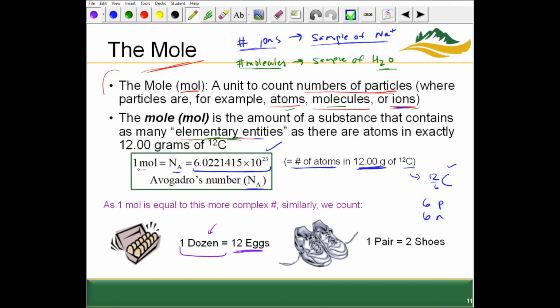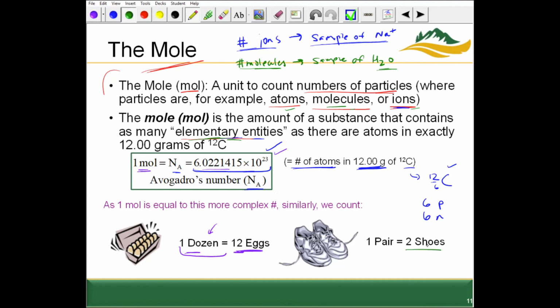So 1 mole is just a way to describe 6.022 times 10 to the 23rd elementary entities in some sample, or 6.022 times 10 to the 23rd ions or atoms or molecules in some sample. Instead of saying 12 eggs every time, we just say 1 dozen. Instead of saying this number of atoms or ions or molecules each time, we just say 1 mole.